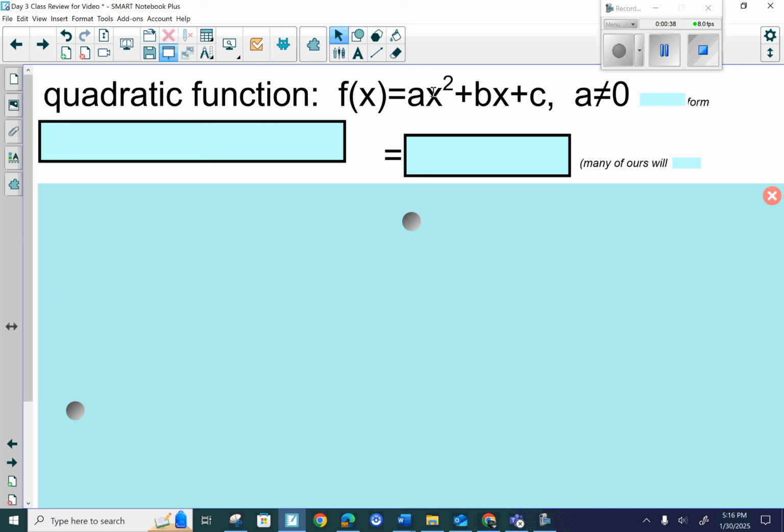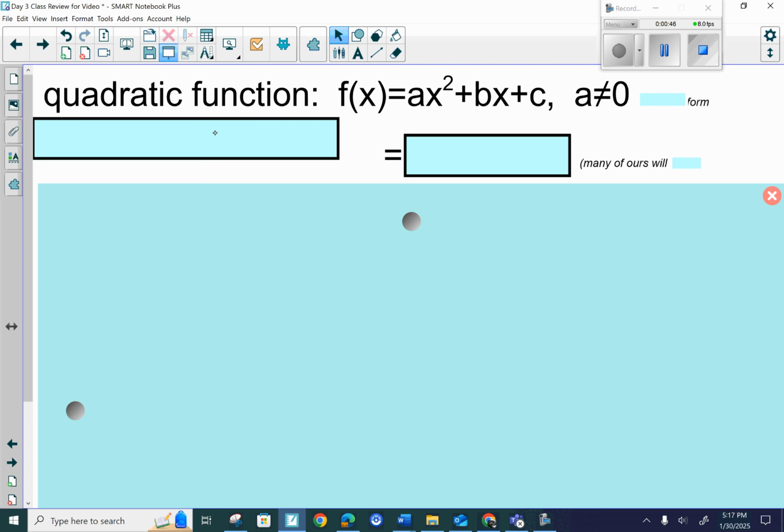If a were 0, we would be left with just a linear function. We have to have that x squared term for it to be a quadratic. So that's our definition of a quadratic function, any function that can be written in that form. And that particular form is called standard form, the ax squared plus bx plus c.